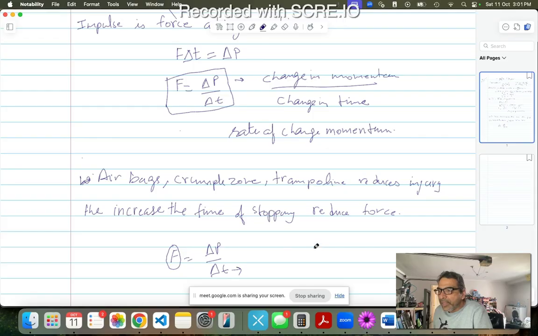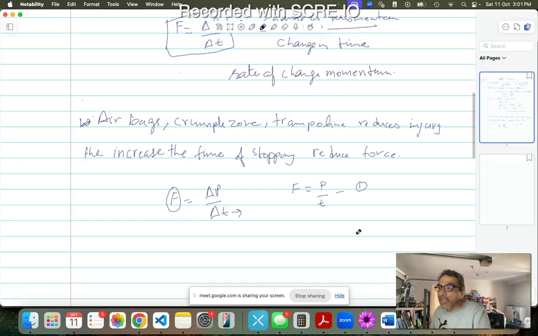For example, let's say we double that time, with the same momentum P. One impact happened with this calculation, F1, and the second time I double the time to stop.